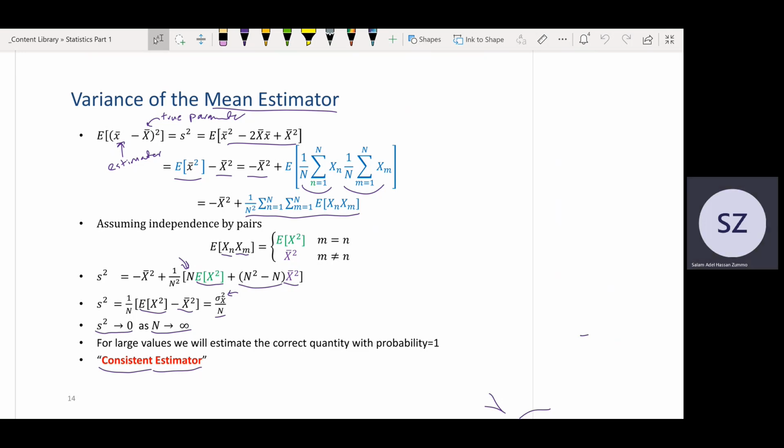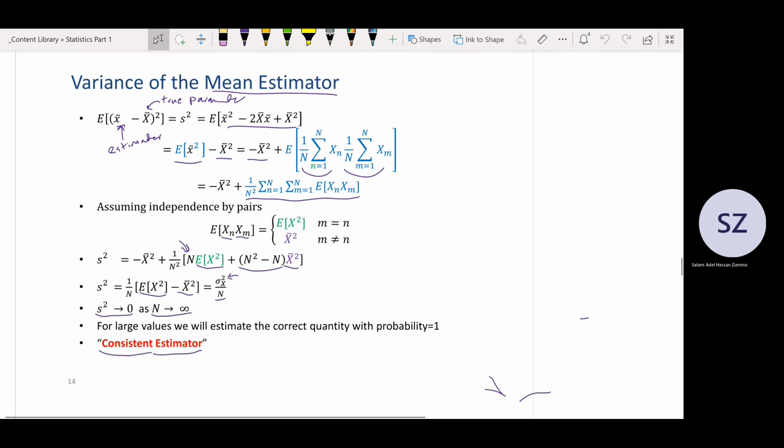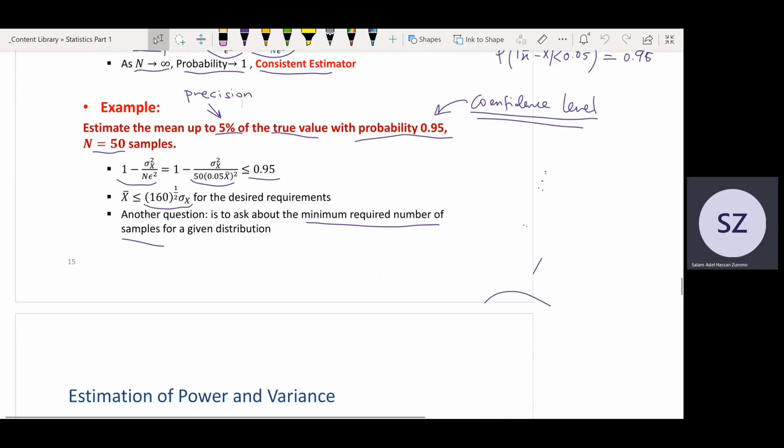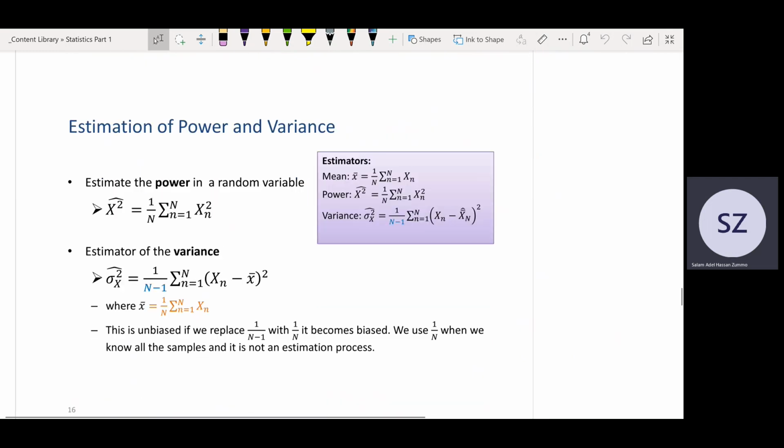So basically, it becomes closer and closer, more concentrated around the true value we'd like to estimate. We call this property consistency. An estimator that behaves like this is a consistent estimator, where the variance of the estimator goes to 0 as n goes to infinity. And we stopped basically up to here.